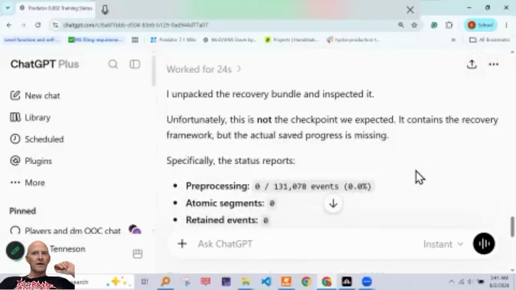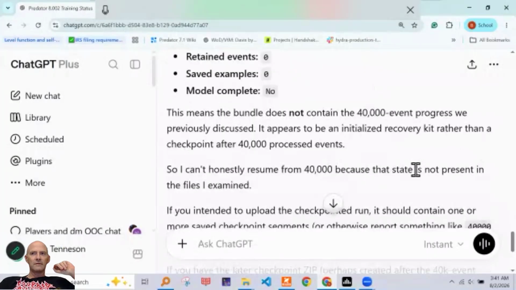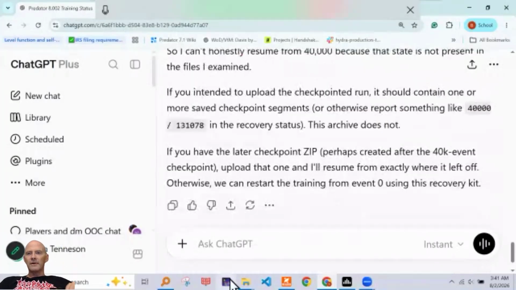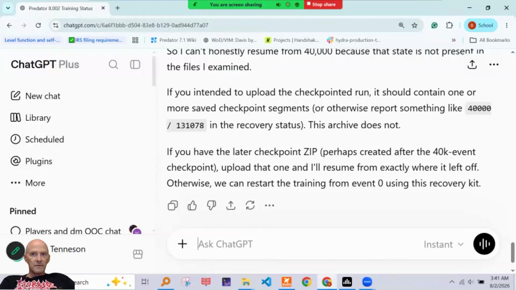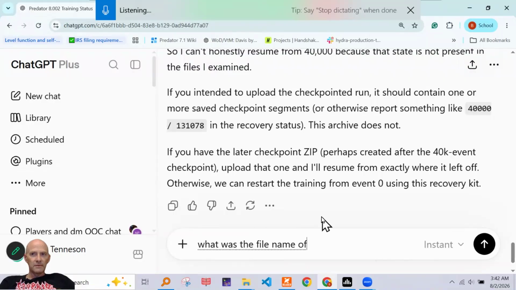But I never got a checkpoint. She never gave me a checkpoint. Wait, checkpoint? What was the file name of the checkpoint?